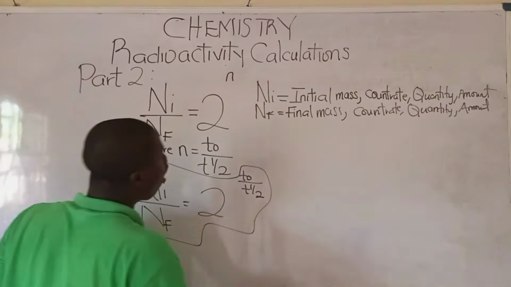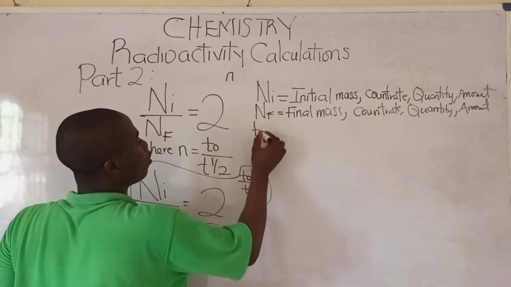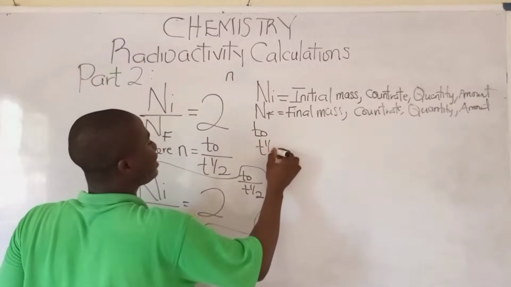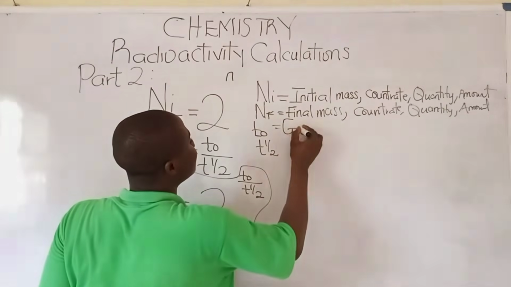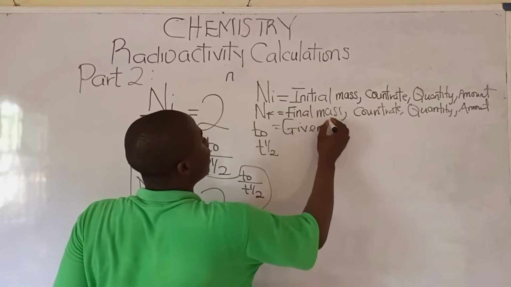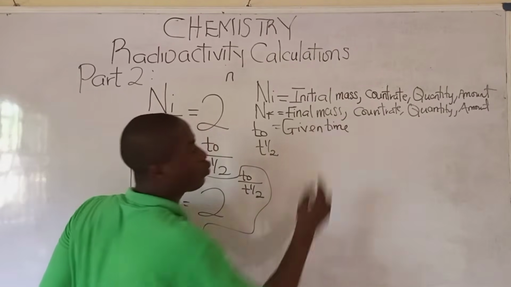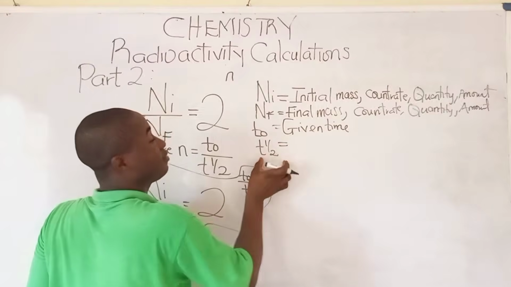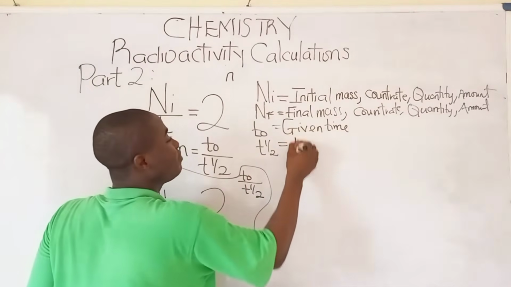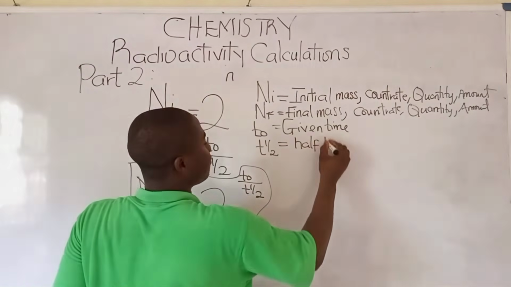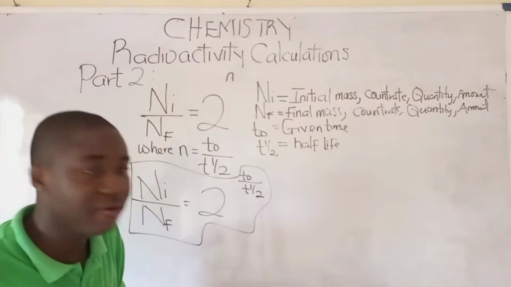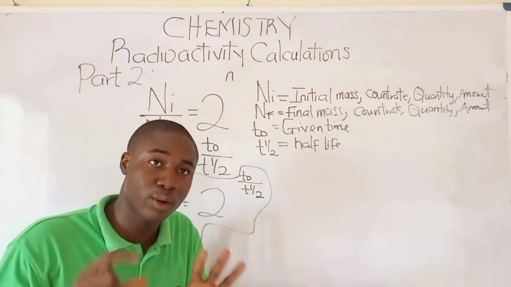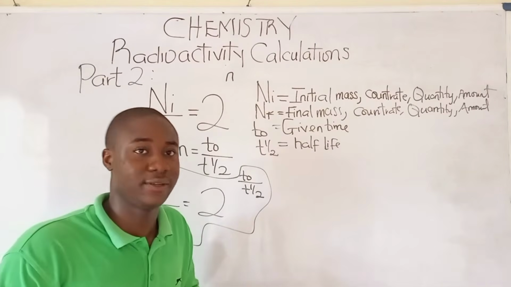Now, what is T naught and what is T half? T naught is just like saying it is the given time. The time will be given in the question. And T half is basically half-life. So this formula is very, very important in solving problems under radioactivity.